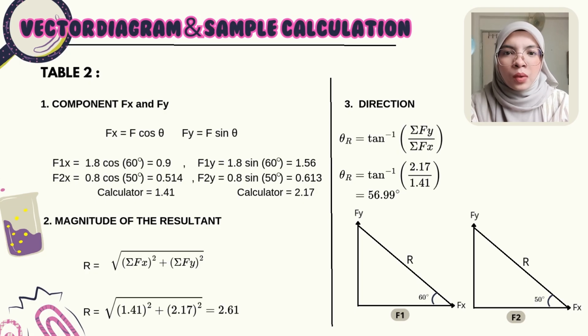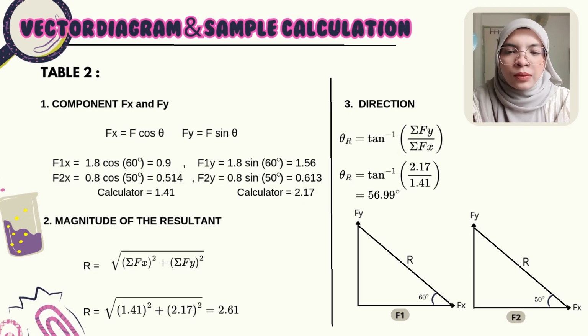The sum of the components gives a resultant R value equal to 2.61. The direction uses the formula tan⁻¹ of Fy per Fx, resulting in an angle of 54.21 degrees.